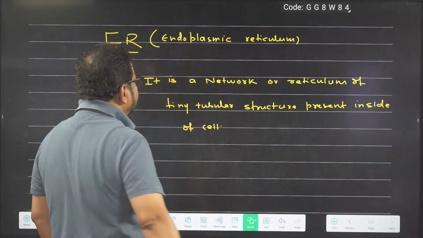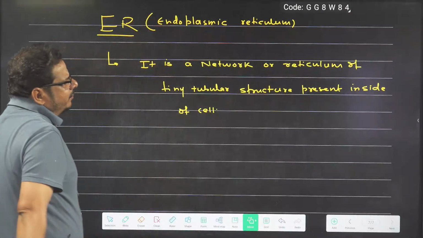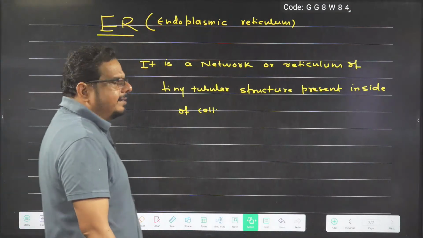So what is endoplasmic reticulum? It is a network of tiny tubular structures present inside of the cell.